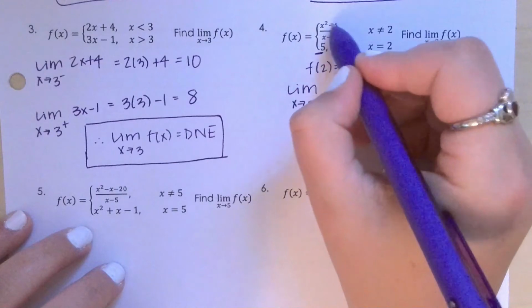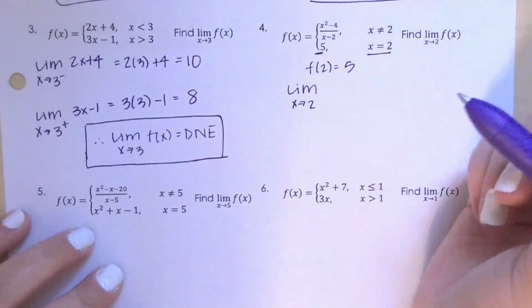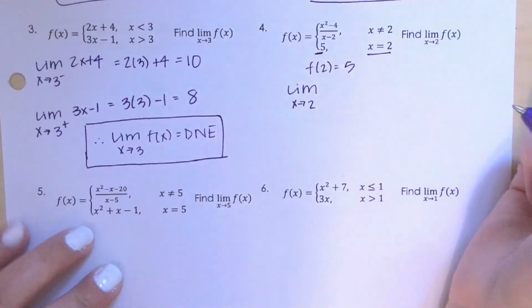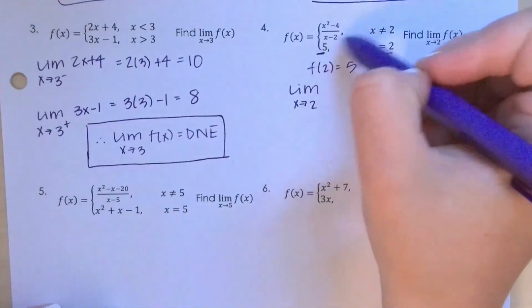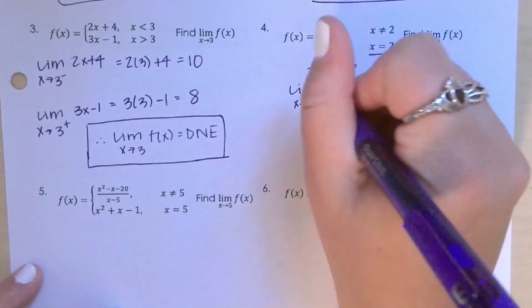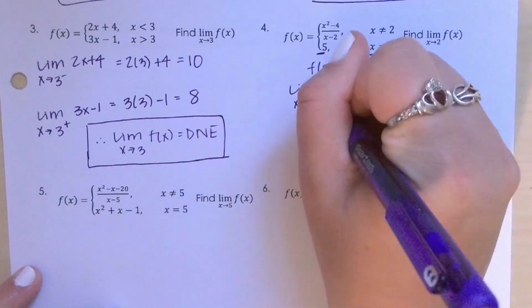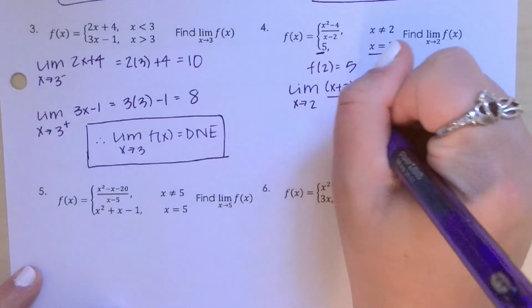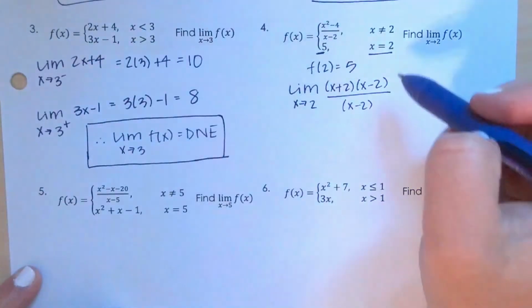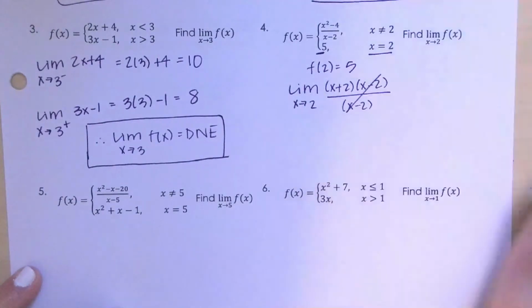Our f of x is going to be this. I'm actually going to go ahead and skip a step and just factor right from the beginning, right? Since we have a fraction, we're going to need to factor it. So this top is going to factor as x plus 2, x minus 2. Our denominator is going to stay the same as x minus 2. Okay. Since we have both of those x minus 2's, we can cross them off.